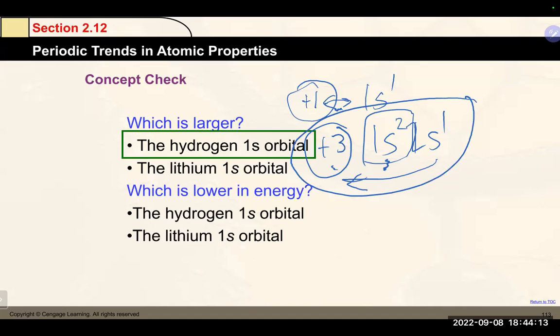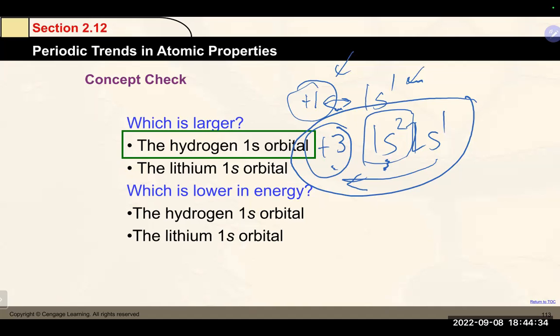It has a higher effective nuclear charge in that case. There is no shielding happening in the hydrogen, so it is not going to be pulled in as much, and it is going to be larger because of that.